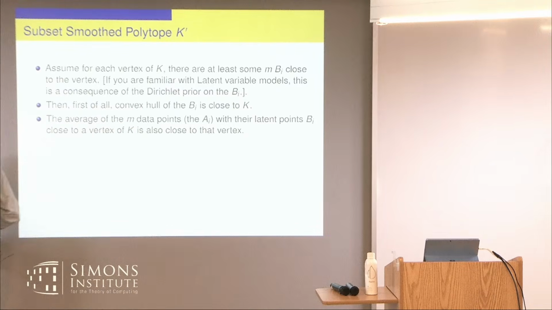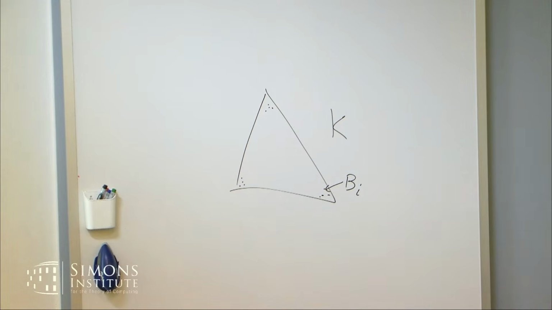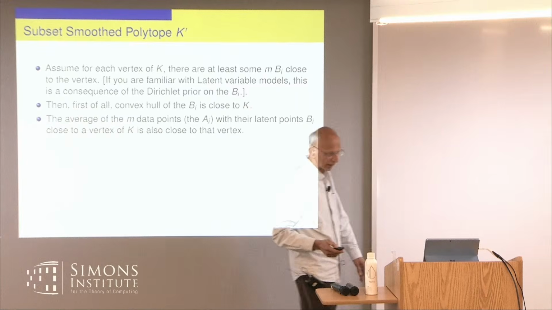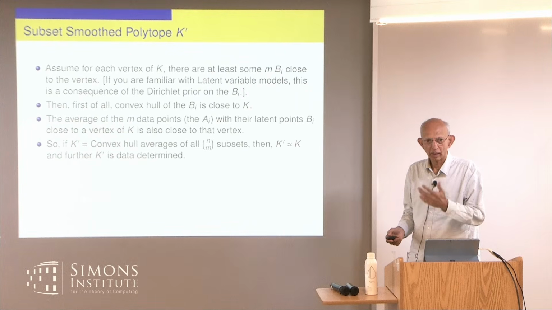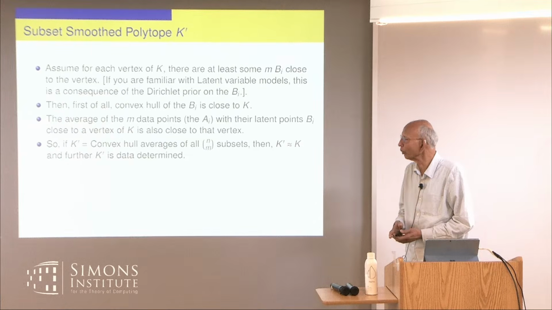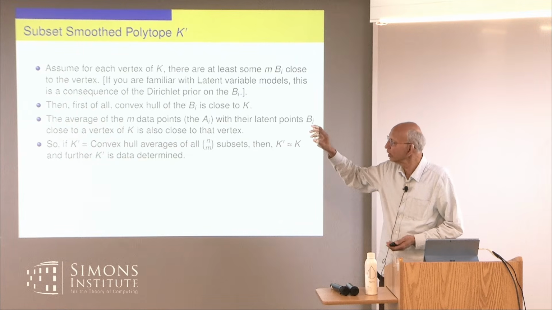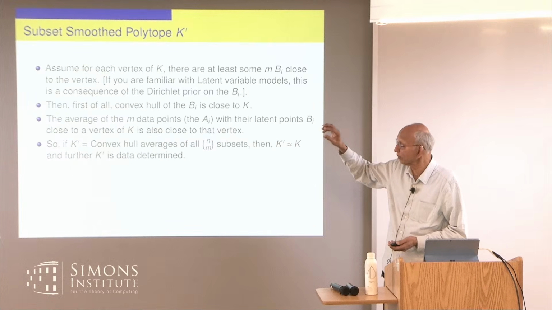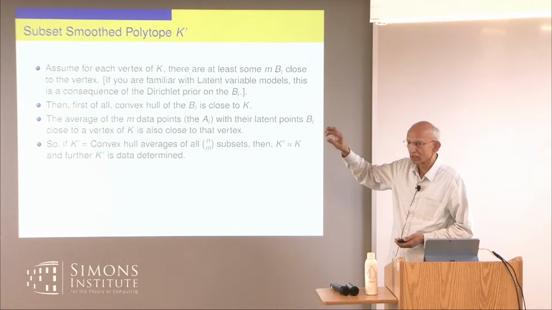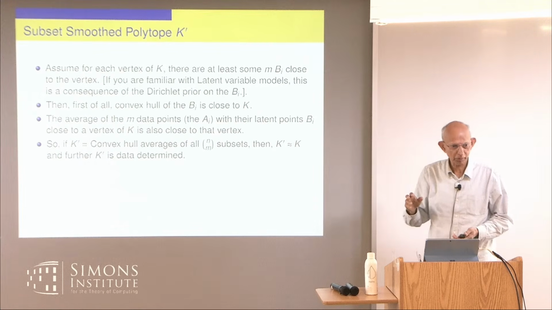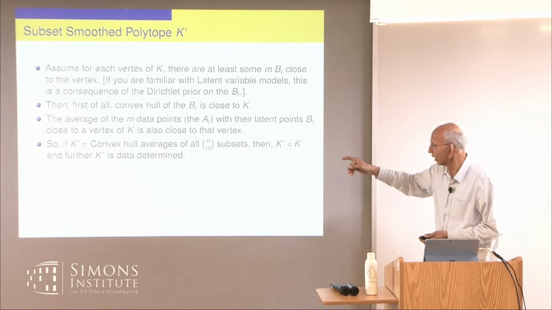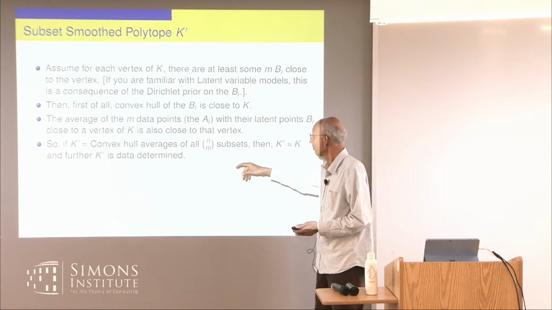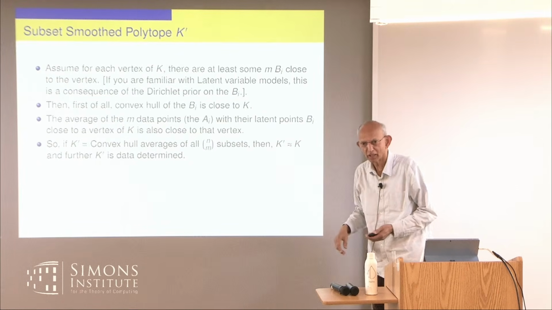The average of these is close to the vertex. Now, we don't know which subsets of AI came from points close to the vertex. If we knew that, we would have solved the problem. So we are going to take the convex hull of the averages of all M subsets.